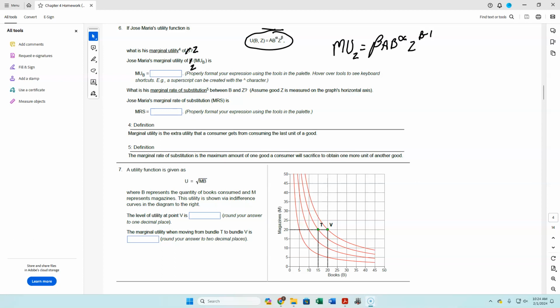Now, for the marginal rate of substitution, the marginal rate of substitution is going to be the negative of MUB over MUZ.